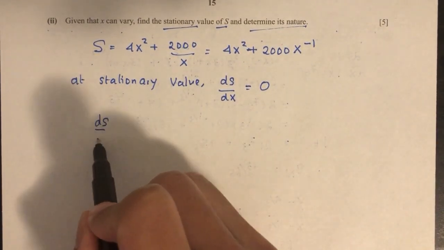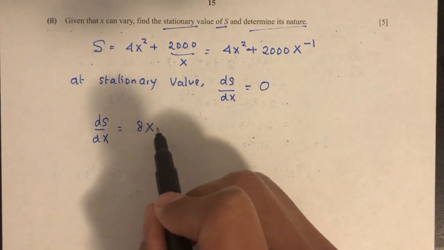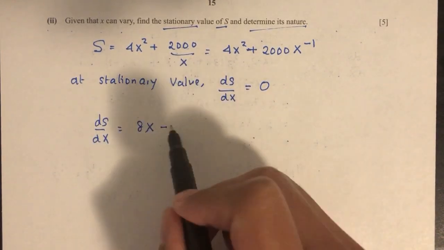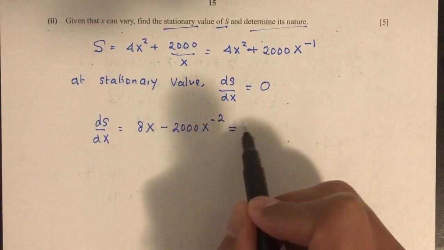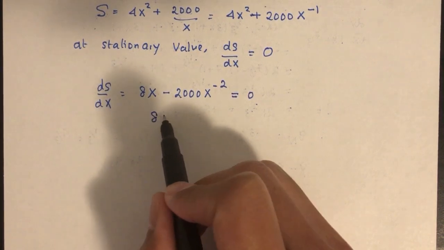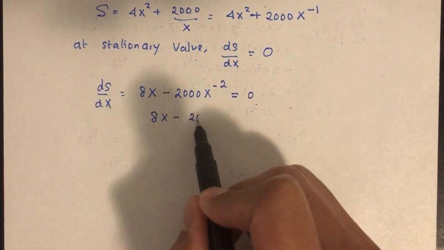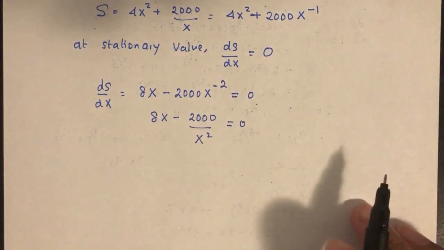So what is ds by dx? That will be 8x minus 2000x to the power of minus 2. That needs to be 0. So simplify, that will be 8x minus 2000 over x squared equals 0.